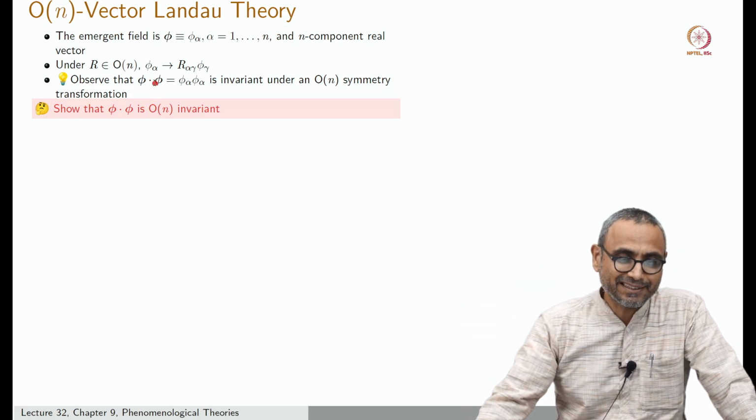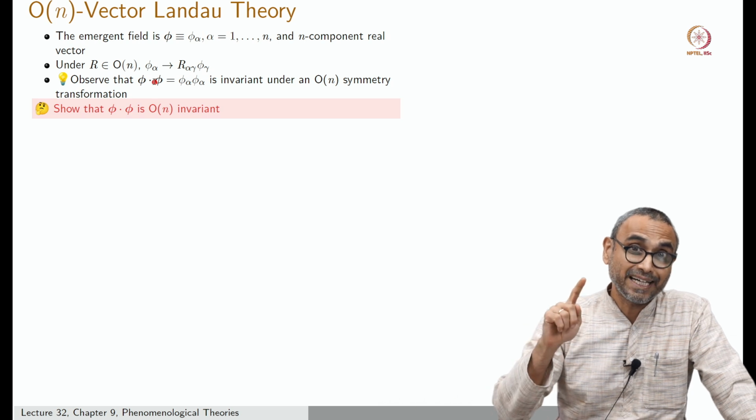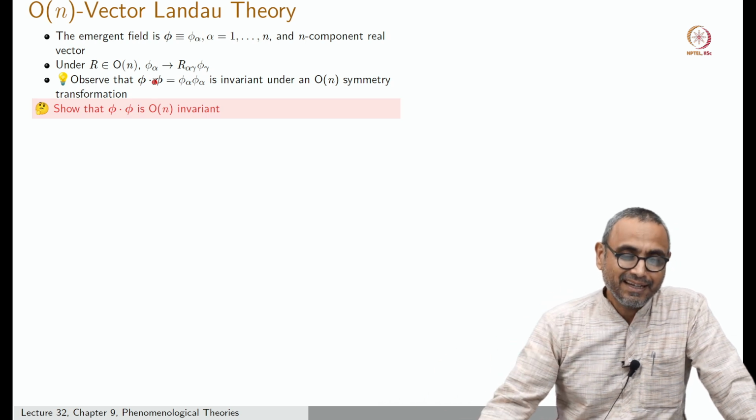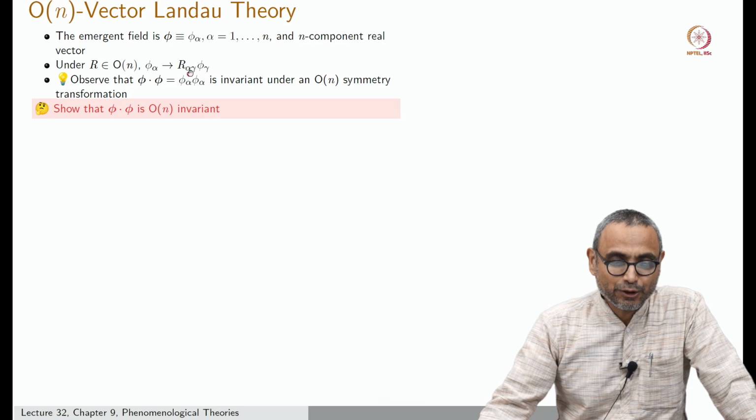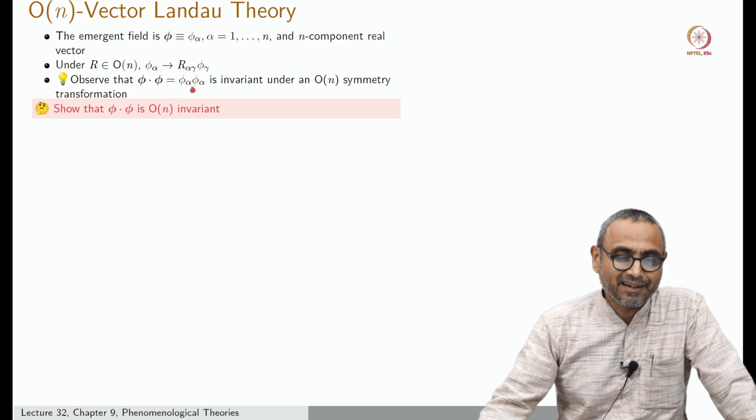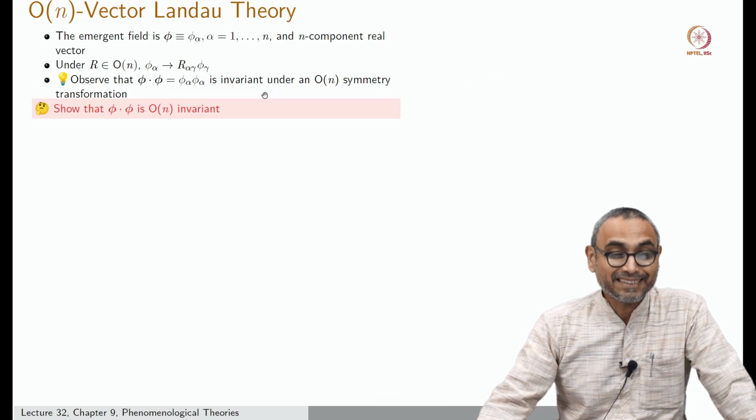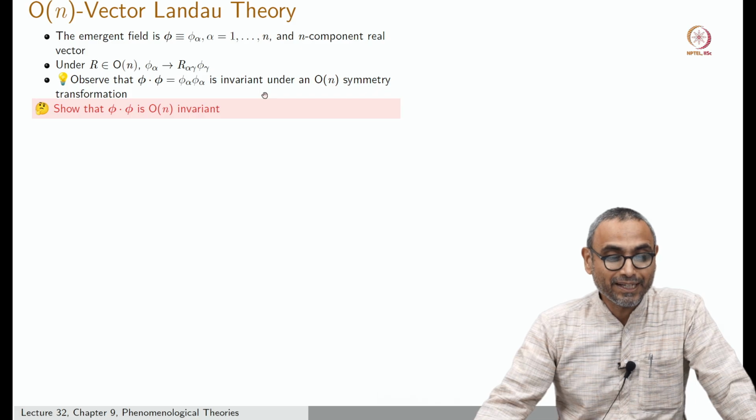If I want to write it in matrix form, I take phi transpose phi, and that will give me, using summation conventions, a sum over all components. So if I have a two-component vector, it will be phi1 squared plus phi2 squared. That is what this is. And you can see that this object is invariant under the ON symmetry transformation.